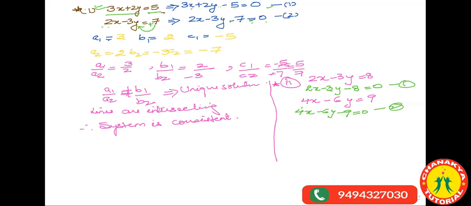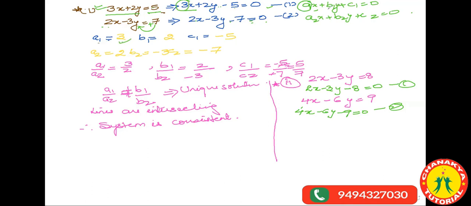Okay. Now, beta, on comparing these with the equations a1x plus b1y plus c1 is equal to 0 and a2x plus b2y plus c2 is equal to 0, write the coefficients of x, y and the constant term. The coefficient of x is a1, and here it is 3, so you will write the value of a1 as 3.